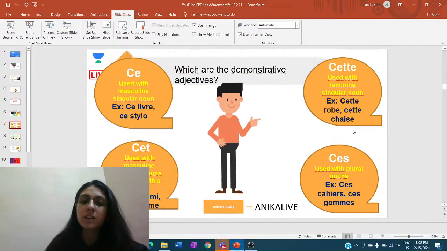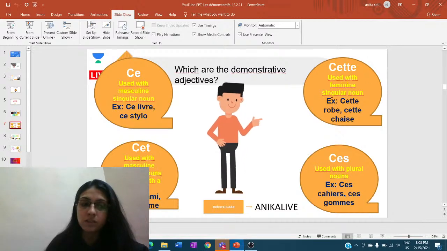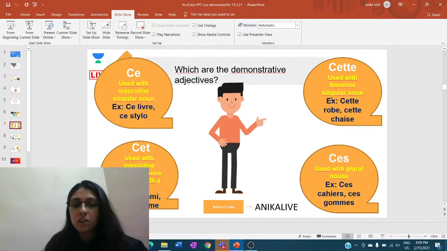Then there is a fourth demonstrative adjective, cet, which is pronounced as cette only, the same way as we pronounce that one. But what is the use of this? This is used with masculine singular nouns which start with a vowel.